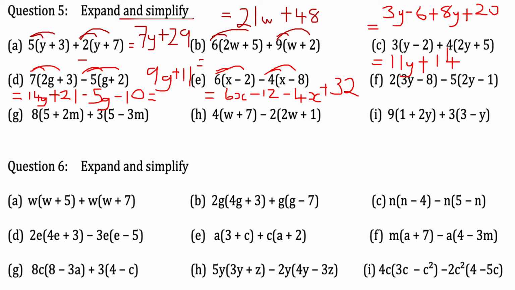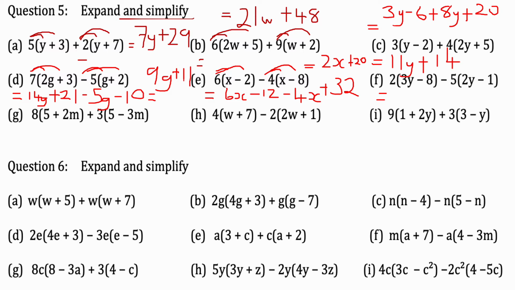Collecting our like terms, 6x take away 4x is going to be 2x, and 32 take away 12 becomes plus 20. So part E, the answer is 2x plus 20, or 20 plus 2x.